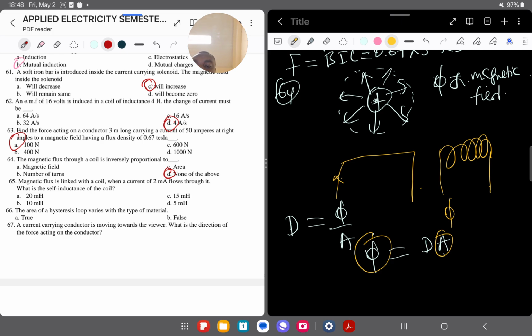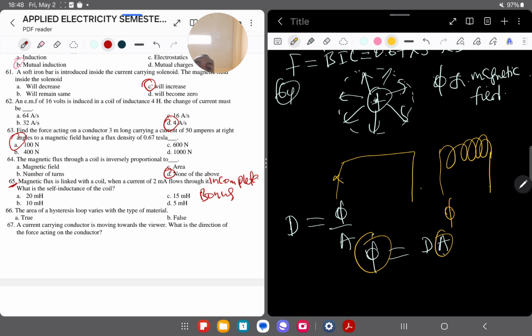We are just being given the current, right? You don't know any other parameter. So question 65 here is incomplete. I think it was given as a bonus.